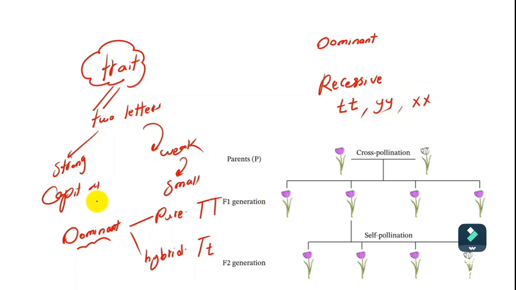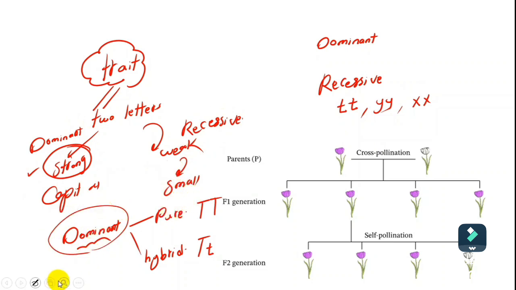So we have two types of trait now: strong trait, which is called dominant trait, and weak trait, which is called recessive trait. The dominant one is symbolized by a capital letter, and the recessive one by a small or lowercase letter.